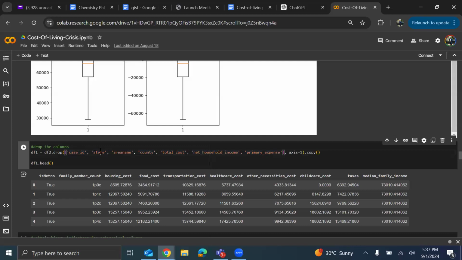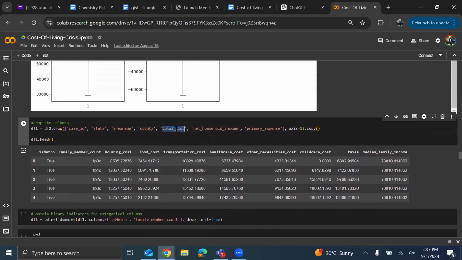I don't need the state, because if I add the states, I'm going to have 50 more columns. So my data is going to become large, and it may lead to poor performance. So I dropped the county and all of those things.